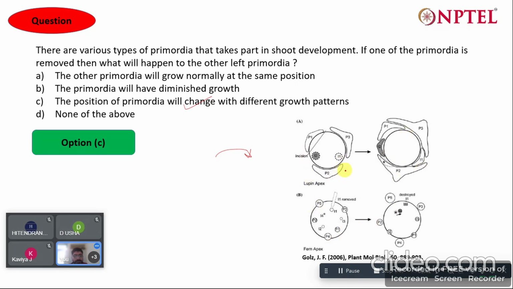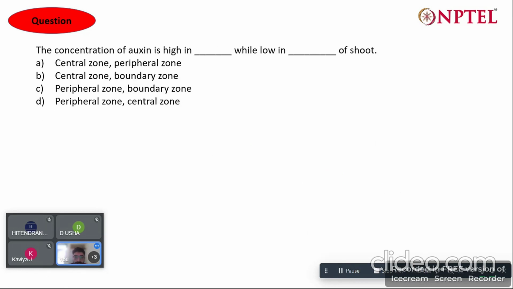That's why this happens. So if any of these primordia is disrupted or has some mutations, then it will affect all the primordia that are developing during that time. So it will have an effect on the whole plant development. Okay. So we'll be moving to the next question.